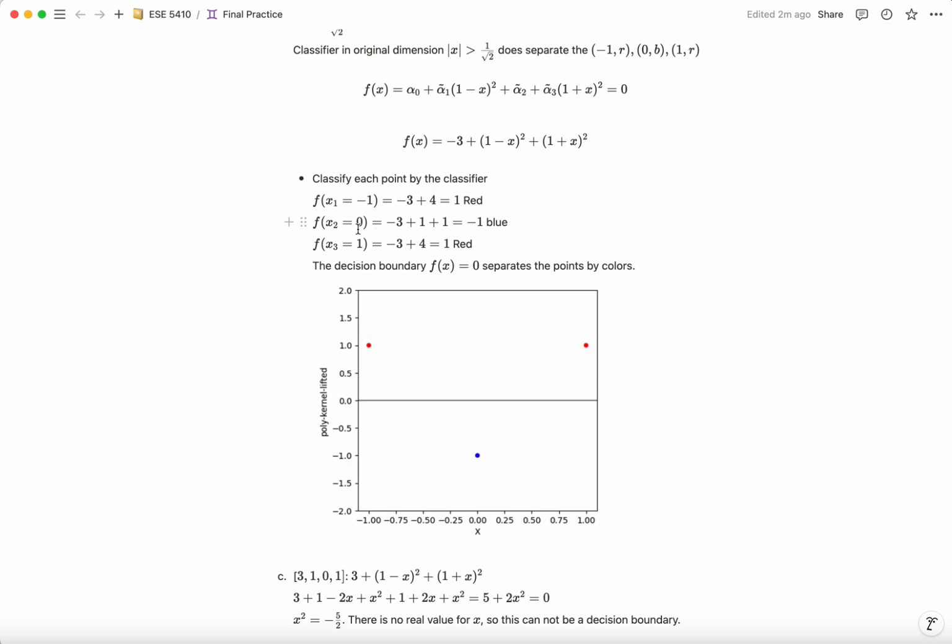When x2 is equal to 0, f of x2 becomes equal to negative 1, and that's this blue point over here. We know the label of that point is blue. And for x3, we end up with this point. So in fact, in the lifted space, this classifier does separate our red points from our blue points across the decision boundary 0 in the lifted space.